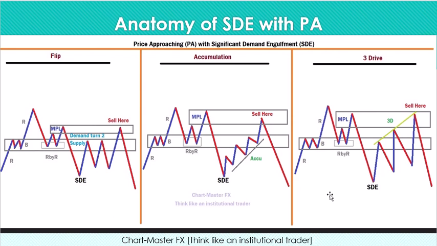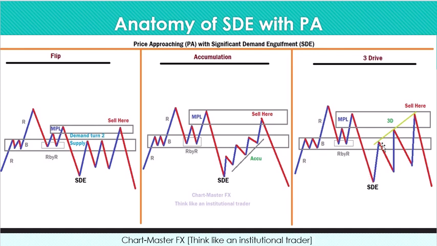I have explained the SDE, that the market may be coming from a rally base rally or a drop base rally. So once we have that condition, we wait for the price to make at least 2 visits to the base. Once we have at least 2 visits to the base, we wait for the price to engulf the base. Once the base is engulfed, then you wait now for the price to come to a significant decision point.